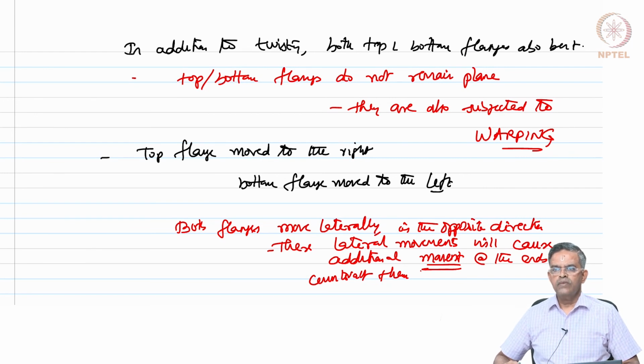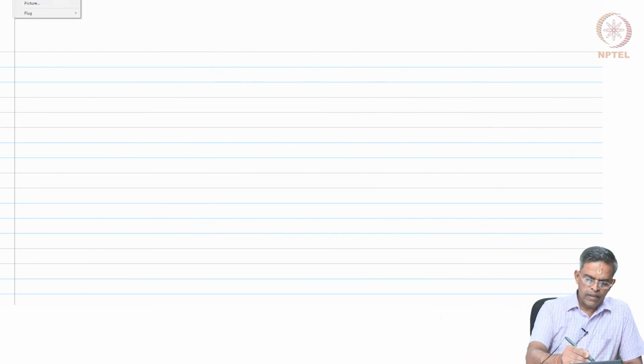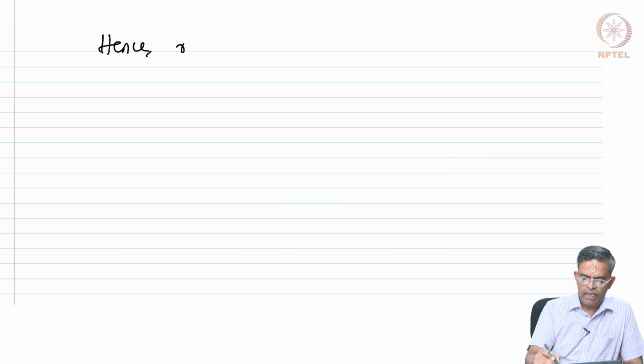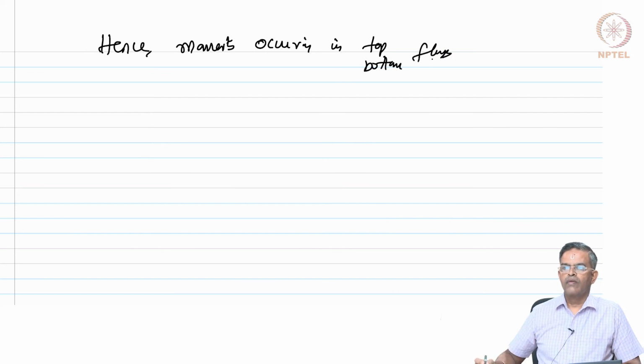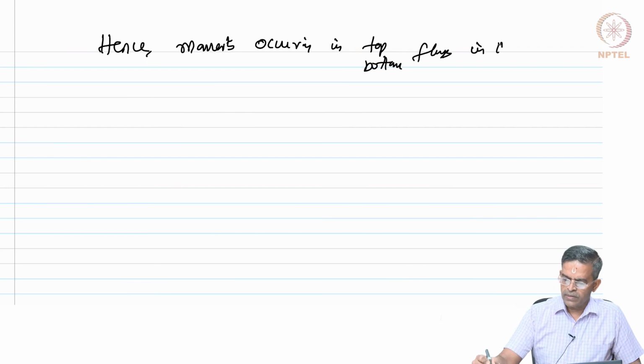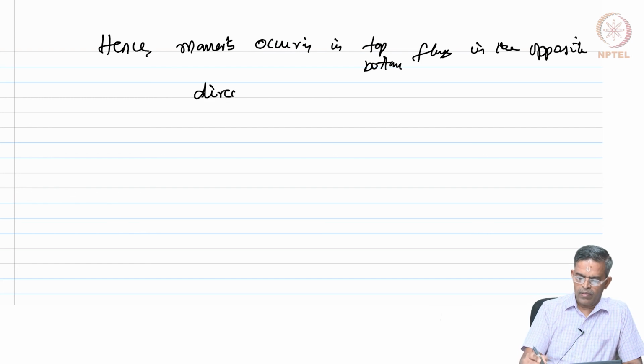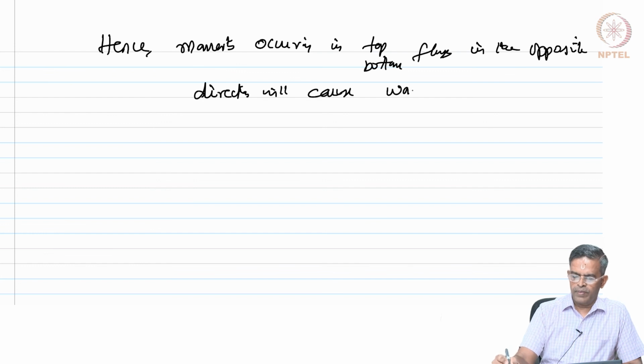Hence, moments occurring at the top and bottom flanges in the opposite direction will cause warping in the cross section.